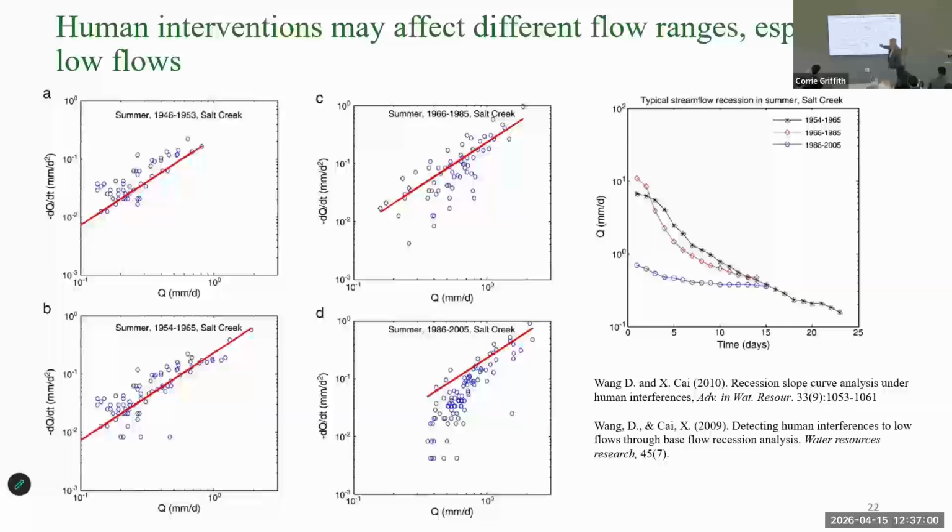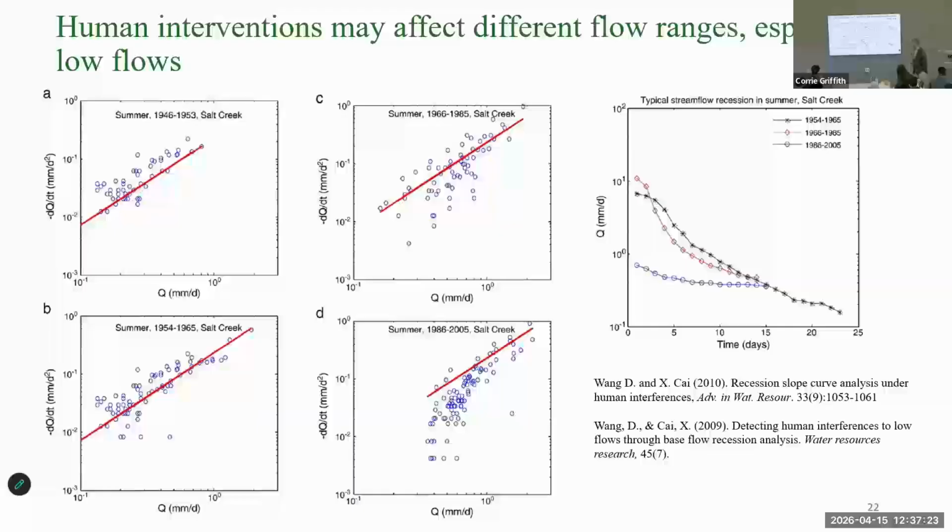He published a paper showing that for flow recession, we should have this log-linear relationship. But he only tested his results with so-called natural basins, natural watersheds. So after we considered the human interference, the log-linear relationship may not exist.